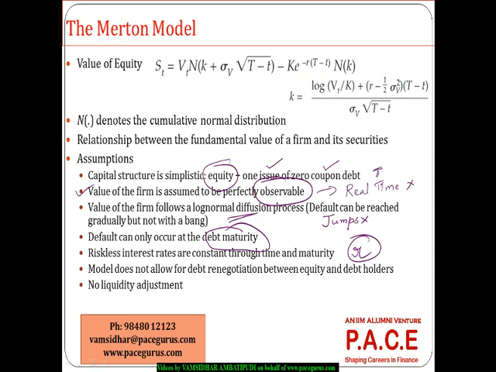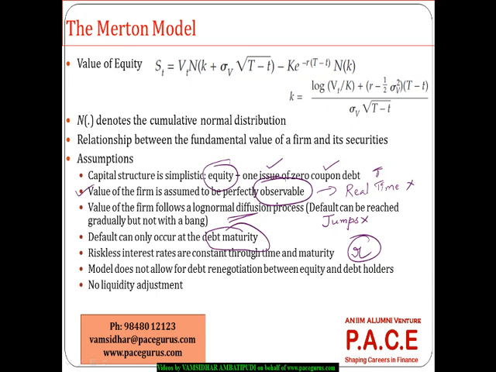And this model does not allow any kind of debt renegotiation between the debt and equity investors. Generally, whenever a default is sensed, there will be some kind of renegotiation between the debt and the equity investors. Otherwise, the debt investors are going to receive the whole amount and equity investors might end up receiving zero.